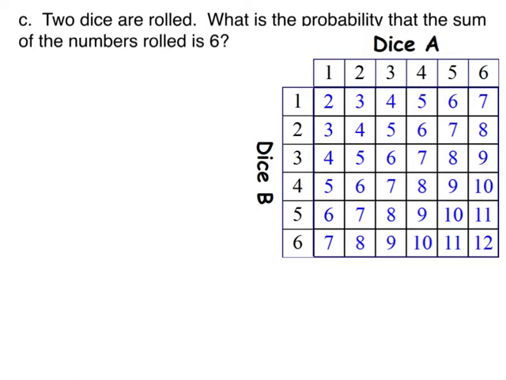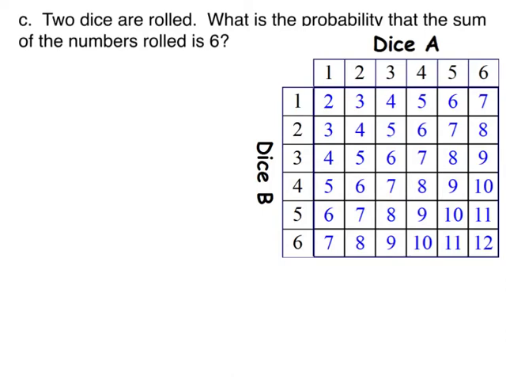Alright, now you'll see this little chart at the bottom of page 285 in your lesson, and this is going to be really handy. I would advise you to copy this in your notes. I will be looking for it in your notes. Alright, this says 2 dice are rolled. Now, if 2 dice are rolled, you have the possibility of 6 times 6, or 36 different outcomes.